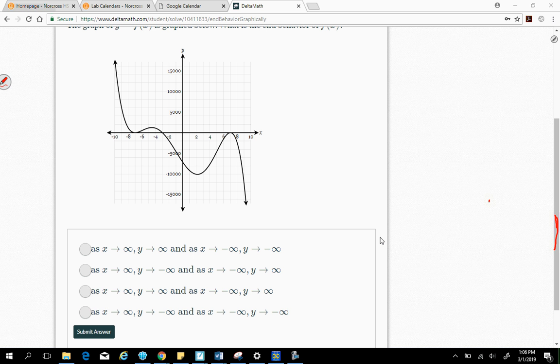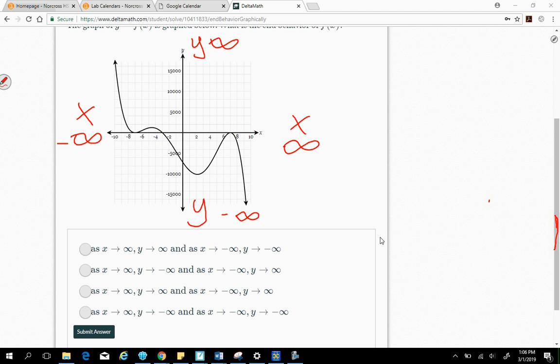This is x infinity, and this is x negative infinity. This is y negative infinity, and this is y positive infinity. Does everybody understand how I'm labeling those four things? We're good on that, right?